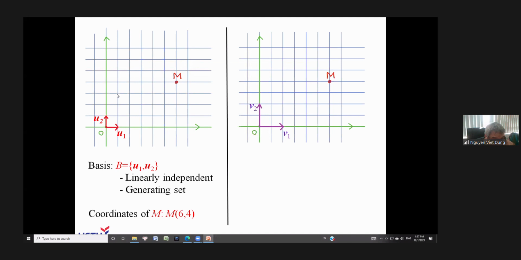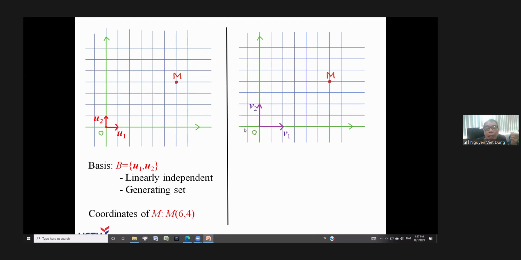And in this basis, the point or the vector M has coordinate 6, 4. You can count here: 1, 2, 3, 4, 5, 6. And up here, 1, 2, 3, 4. So relative to this basis, M has coordinate 6, 4.